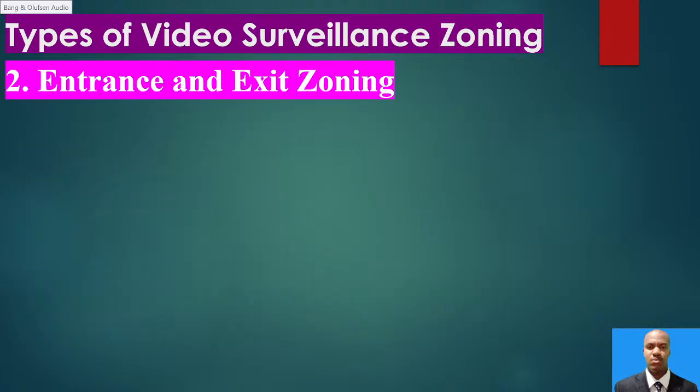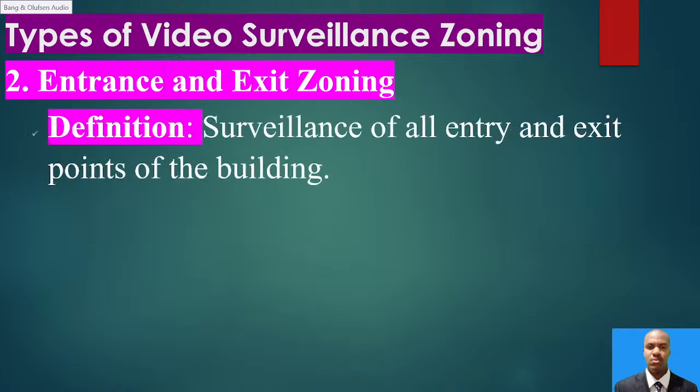So the other type of video surveillance zoning is the entrance and exit zoning. This is mainly implemented at the entry points and the exit points. So, surveillance of all entry and exit points of a building.